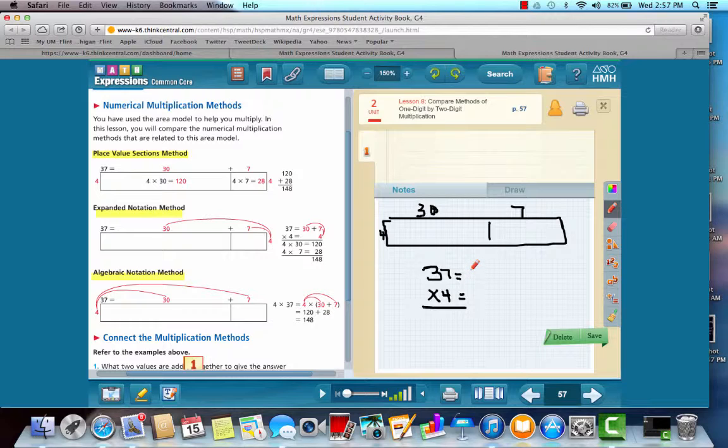So we're going to break apart 37, and you get 30 plus 7, which is what you have up here. And then we have that multiplied by 4.